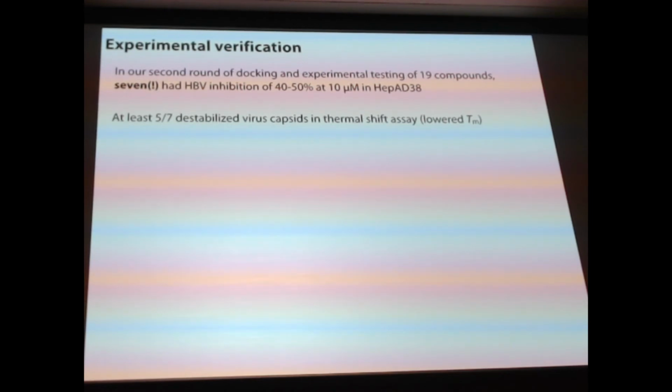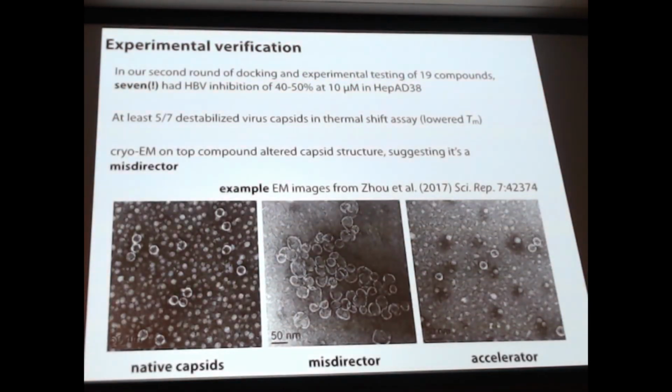At least 5 out of those 7 showed that they destabilized the virus through thermal shift assay, lowering the melting temperature. And at least one of them so far has been tested using cryo-EM and shows that it alters the shape of the capsid, or deforms the capsid.